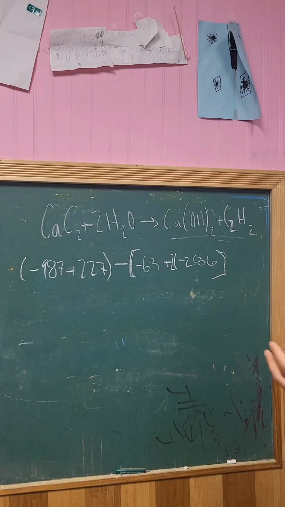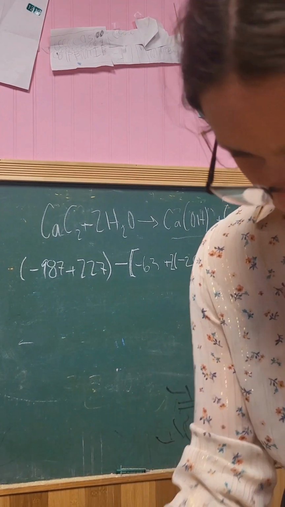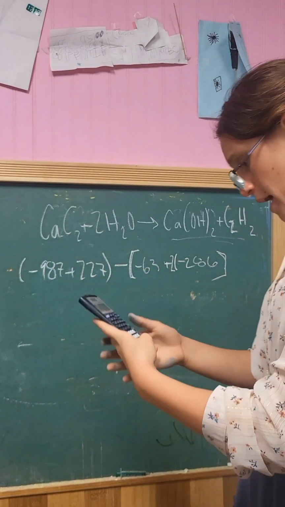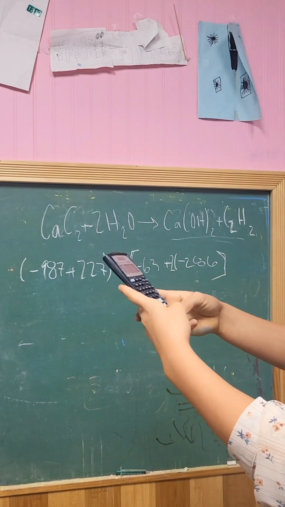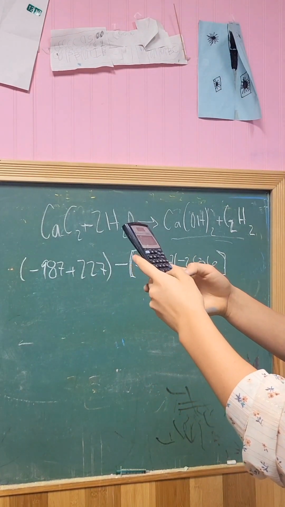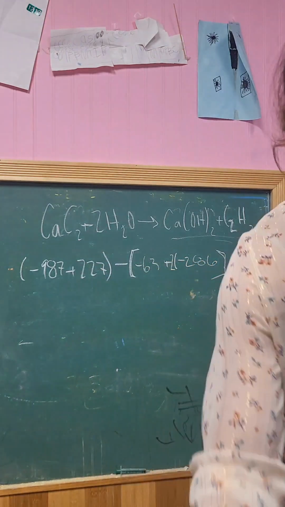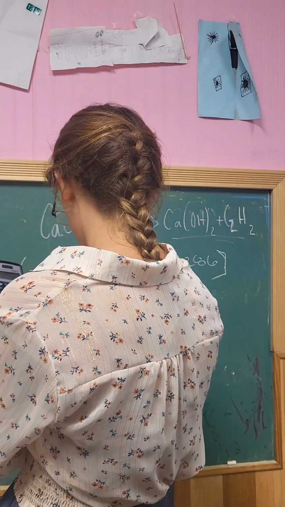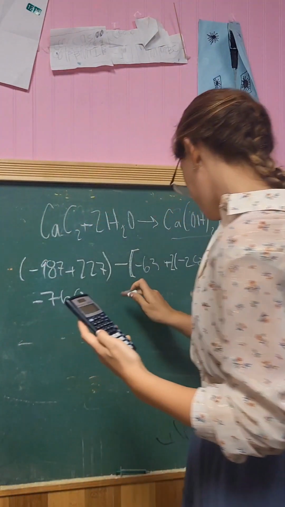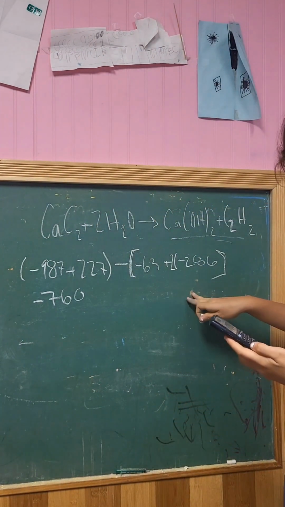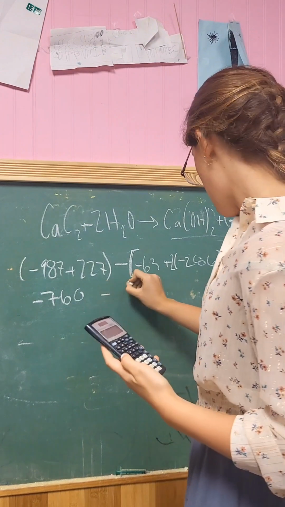So here we have it. Now it's just basic math. So we're going to do negative 987 plus positive 227. That gives us negative 760. Now, we're going to solve inside the brackets first.